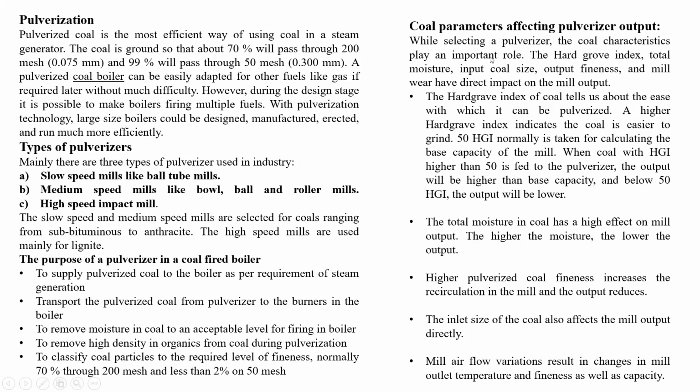So in brief, the coal parameters affecting the pulverizer are the size of the coal, the Hardgrove index, total moisture, input coal size, output fineness, and mill wear, which have a direct impact on the mill output.